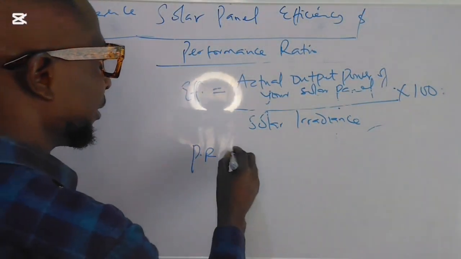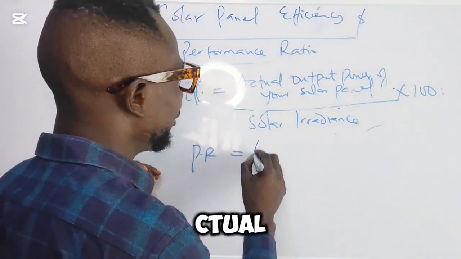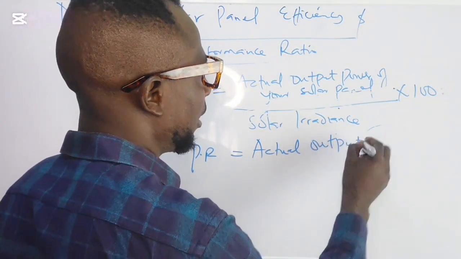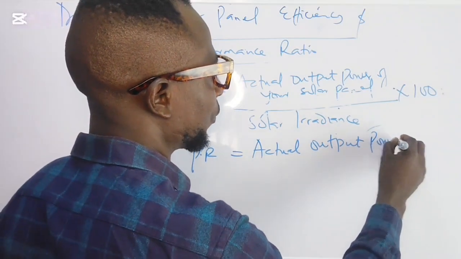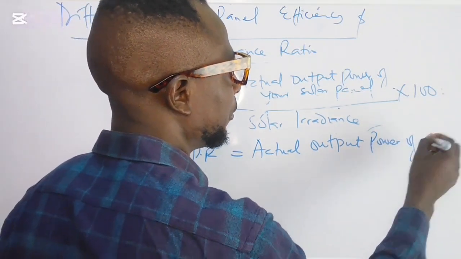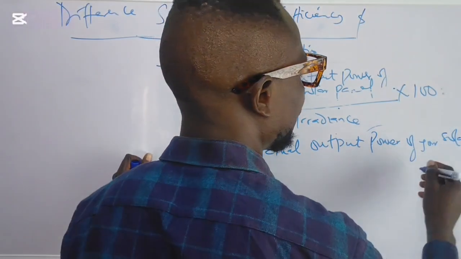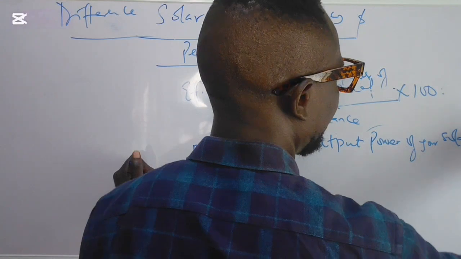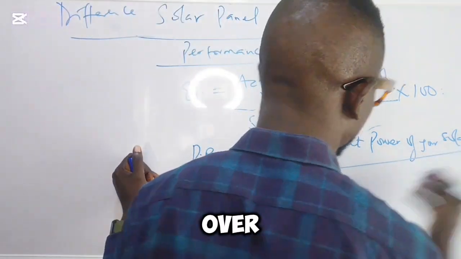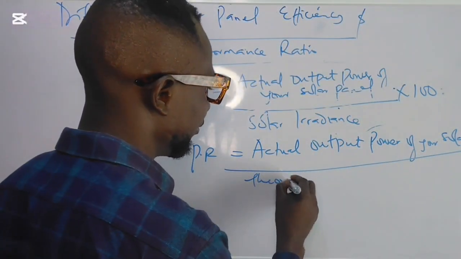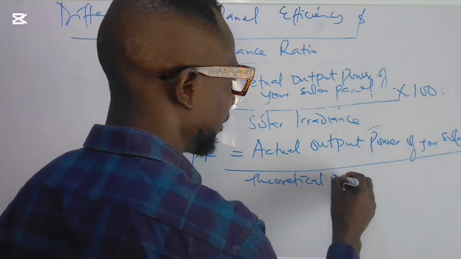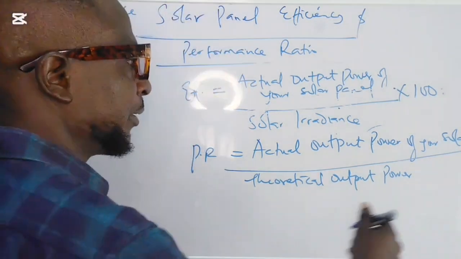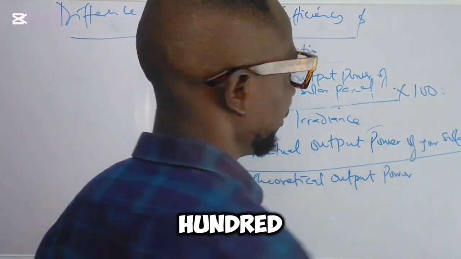PR is the actual output power of your solar panel over the theoretical output power times 100.